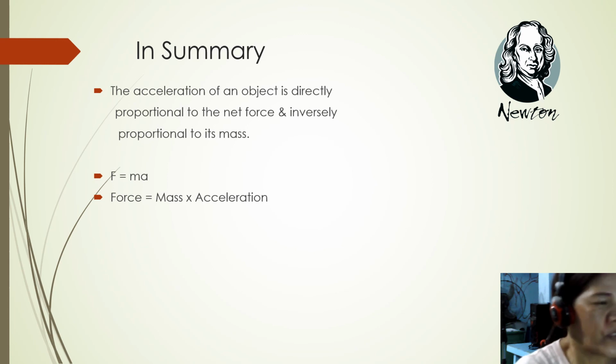Okay, so in summary, the acceleration of an object is directly proportional to the net force and inversely proportional to its mass. So Newton's second law of motion pertains to the behavior of objects for which all existing forces are not balanced. So when you say not balanced, then therefore the net force is not 0.